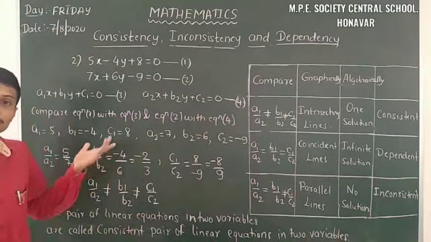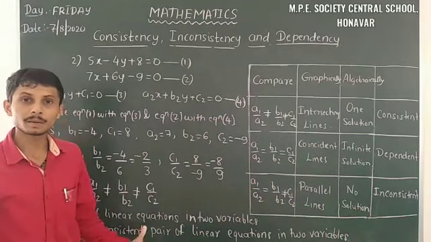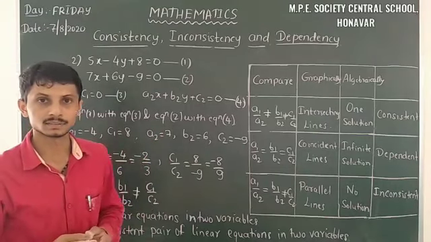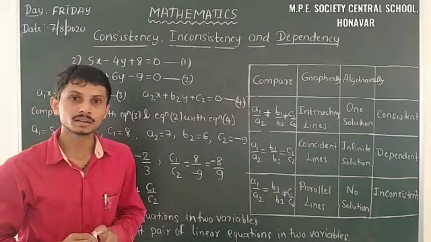So this is nothing but the consistent pair of linear equations. The consistent pair of linear equations we get like this. So let us move on to the next problem.